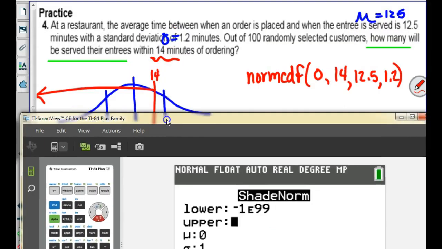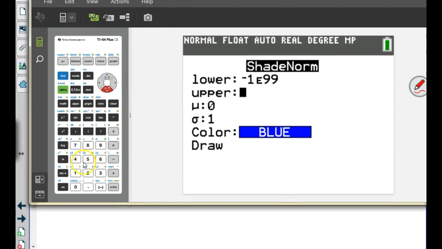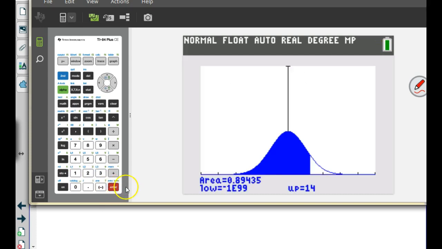Help me. 14, with 12.5 and 1.2. Did I remember all those numbers? Okay, so this says 0.894, and it shows this is everybody below 14 minutes.